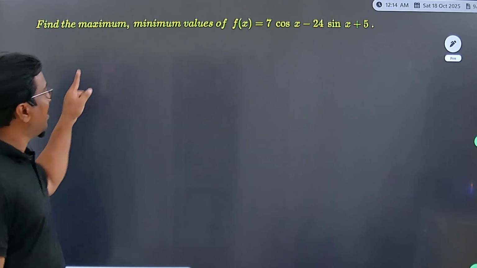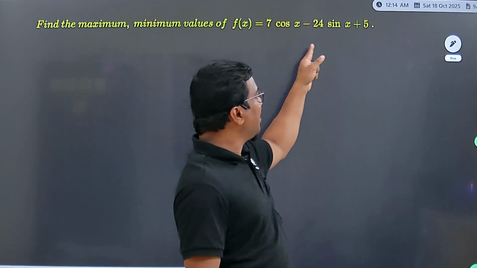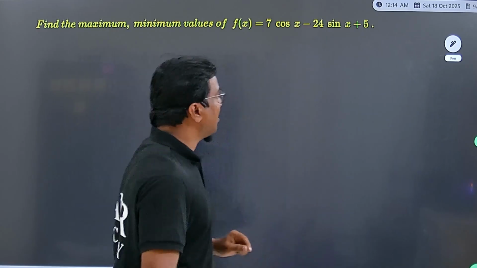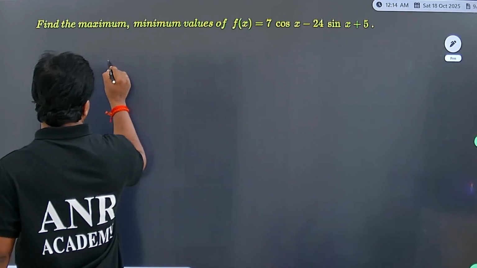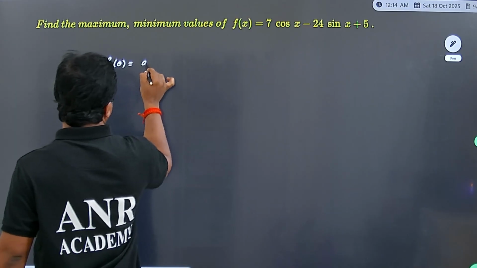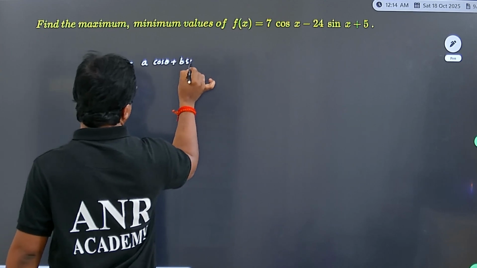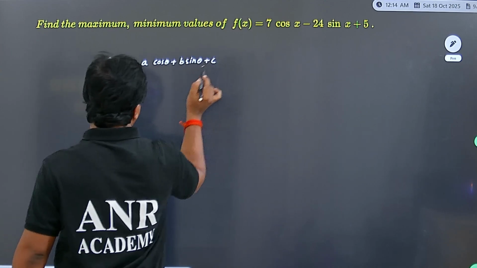Find maxima and minima of f of x equal to 7 cos x minus 24 sin x plus 5. Here the function is of the form f of theta equal to a cos theta plus b sin theta plus c.